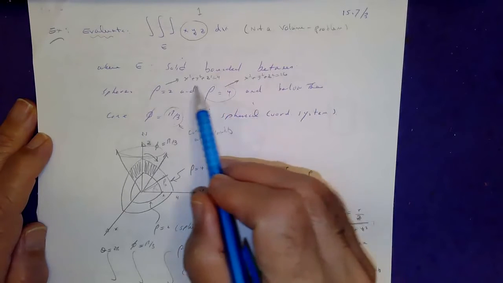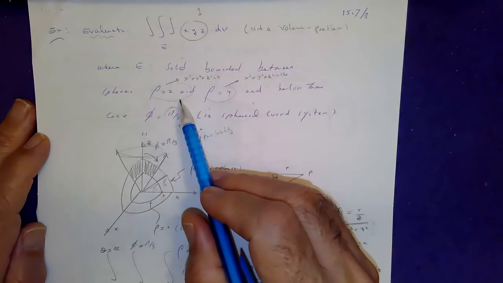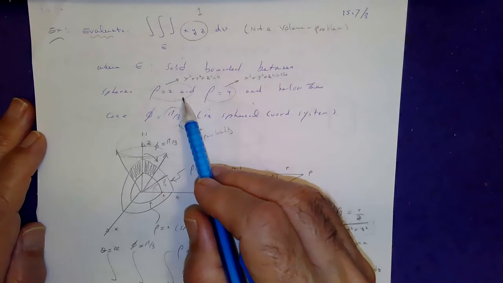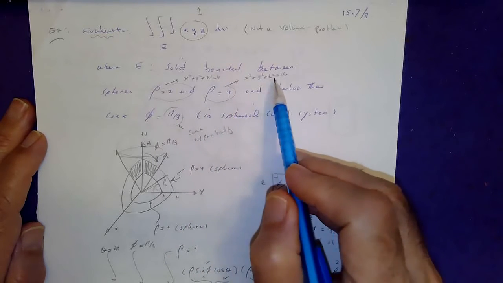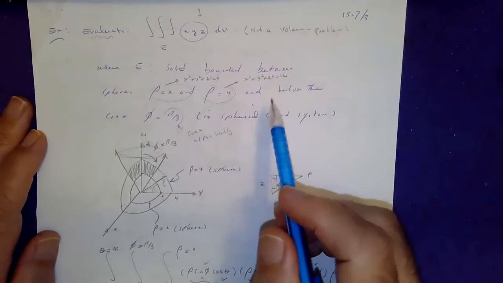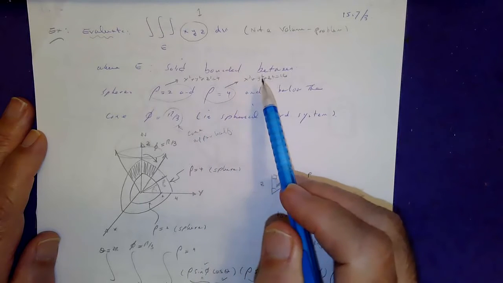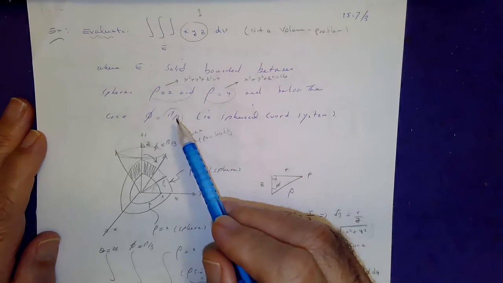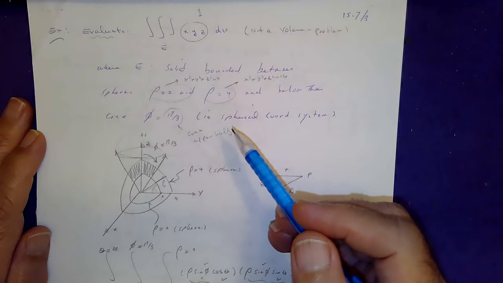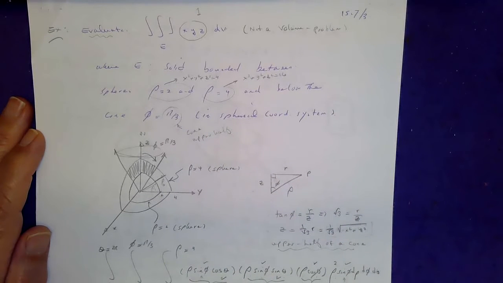So these spherical equations are equivalent to Cartesian equations in terms of x, y, and z. So the solid is bounded between these two spheres, but below what? The cone. Is that right?